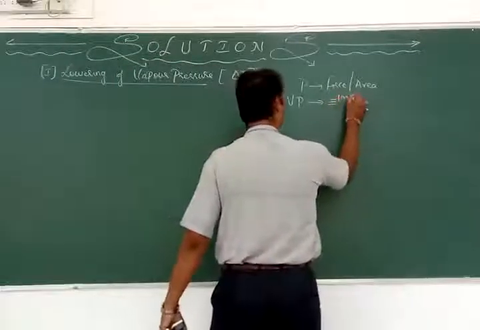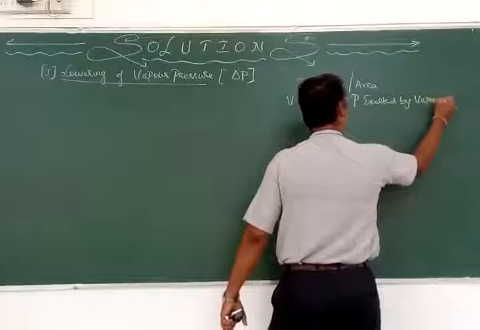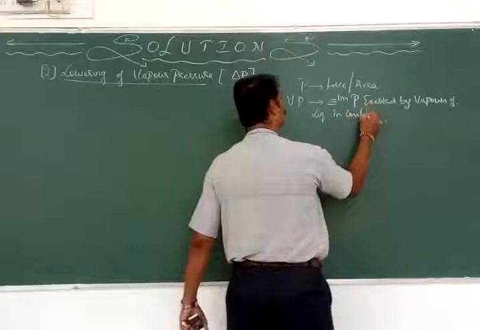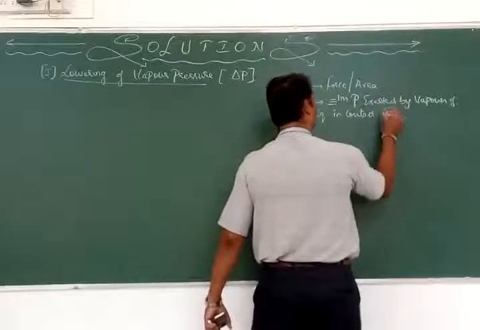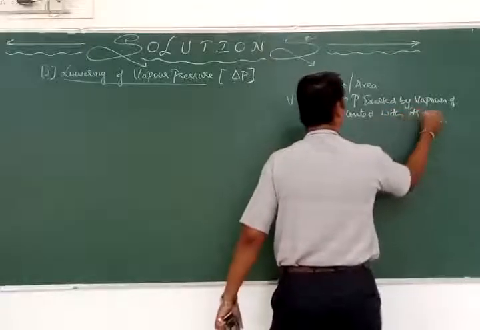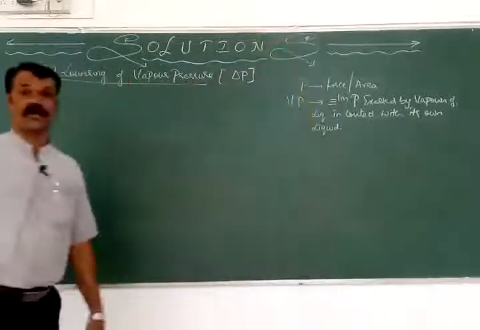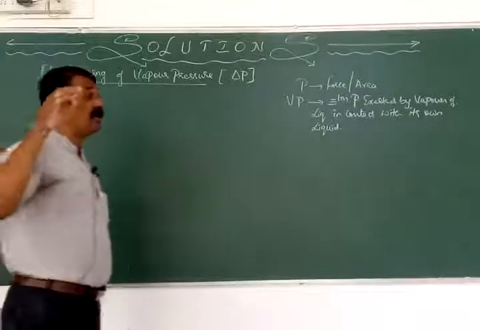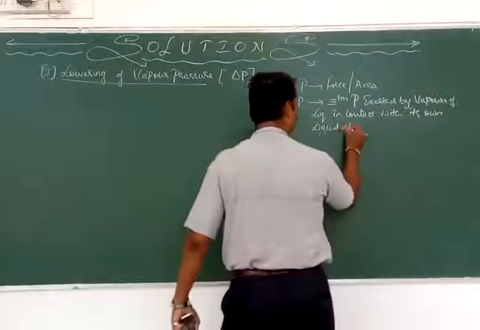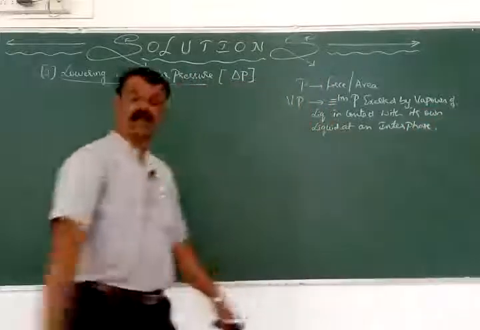It is an equilibrium pressure exerted by the vapors of a liquid in contact with its own liquid at an interface, indirectly called the surface of the liquid.